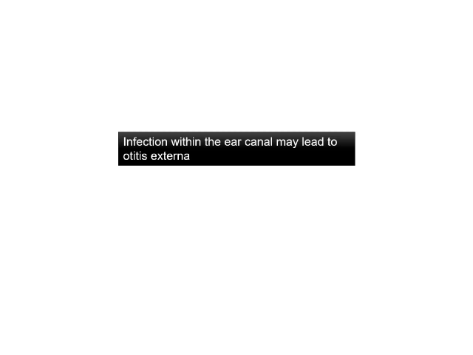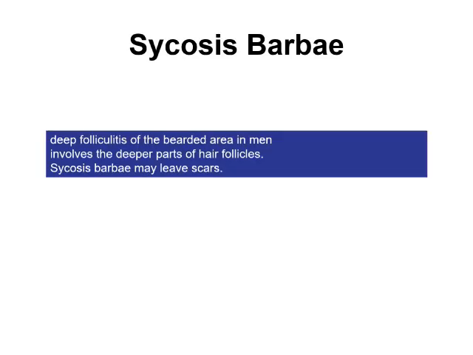Let me just explain a few things. Superficial folliculitis affects only the upper parts of the hair follicle, while deep folliculitis affects the whole hair follicle. There are three different types of folliculitis. The first one that we will discuss is sycosis barbae. Sycosis barbae is a deep folliculitis.